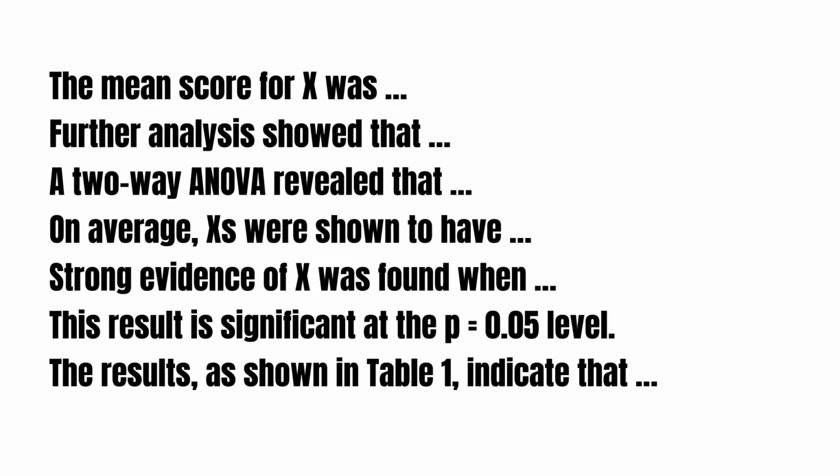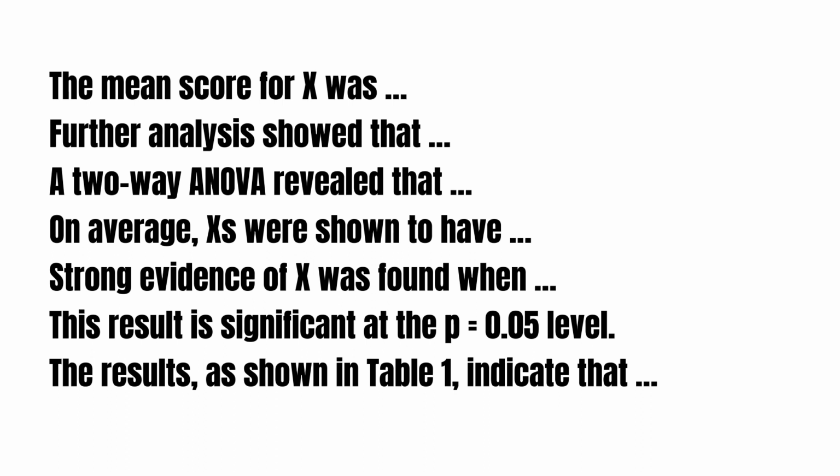Stating a positive result. The mean score for X was... Further analysis showed that... A two-way ANOVA revealed that, on average, X was shown to... There was strong evidence of X... X was found when... This result is significant at the p equals 0.05 level.